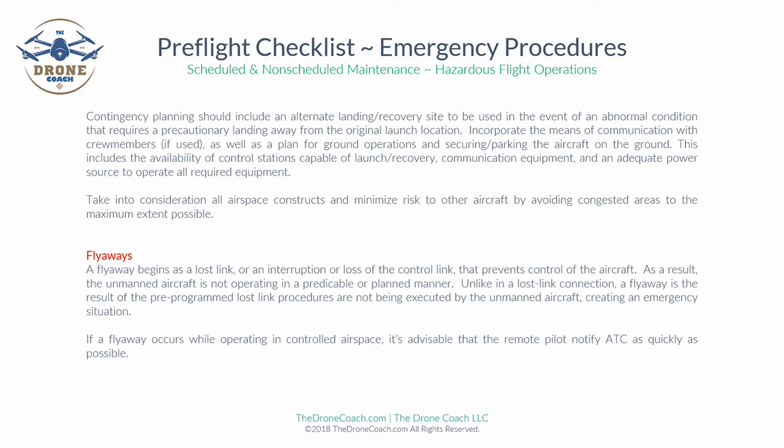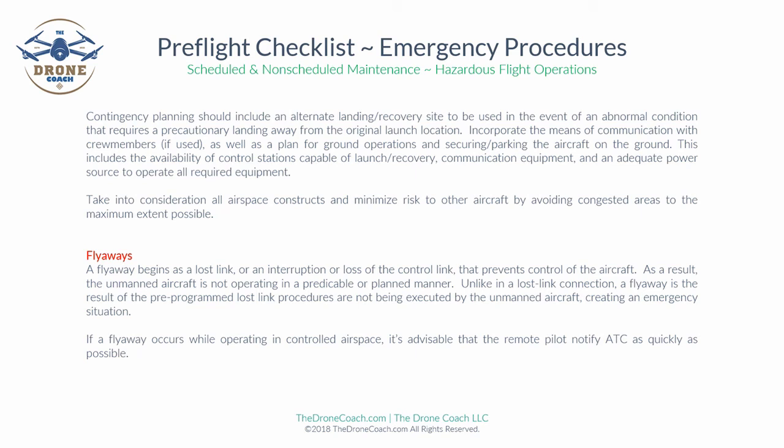Now, a flyaway begins as a lost link, an interruption or loss of the control link, and prevents the control of the aircraft. As a result, the unmanned aircraft is not responding in a predictable manner. And unlike in a lost link connection, a flyaway is the result of the pre-programmed lost link procedures not being executed by the unmanned aircraft.